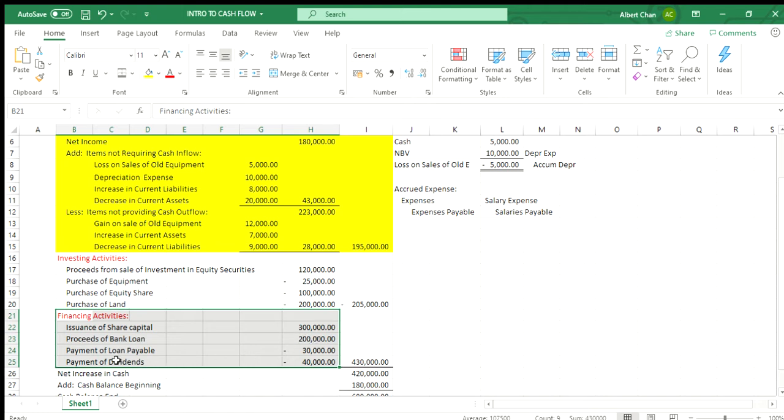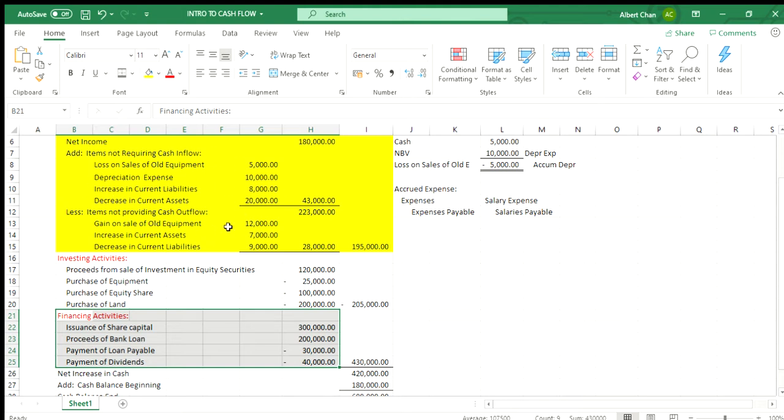Other transactions related to the loan, like payment of loan payable, will be a deduction, a use of cash. Payment of dividends is also a use of cash. So all items related to sourcing of funds will fall under financing. Investing activities, whether income generating or non-income generating, will fall under investing.